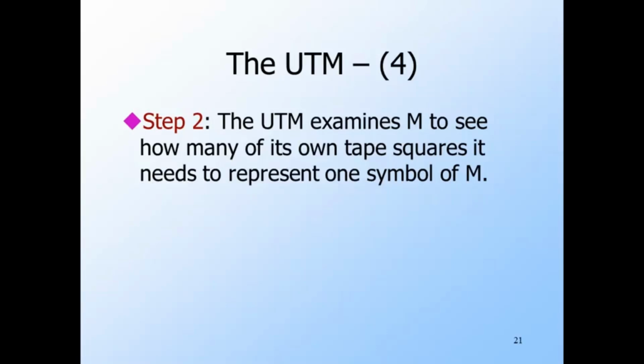Thus, if, say, x7 is the highest numbered symbol, then we'll use 8 squares to represent one symbol of M. Symbol xi will be represented by i zeros and 7 minus i blanks, followed by a marker #. For example, here's how we'd represent x5: 5 zeros, 2 blanks, and then the #.